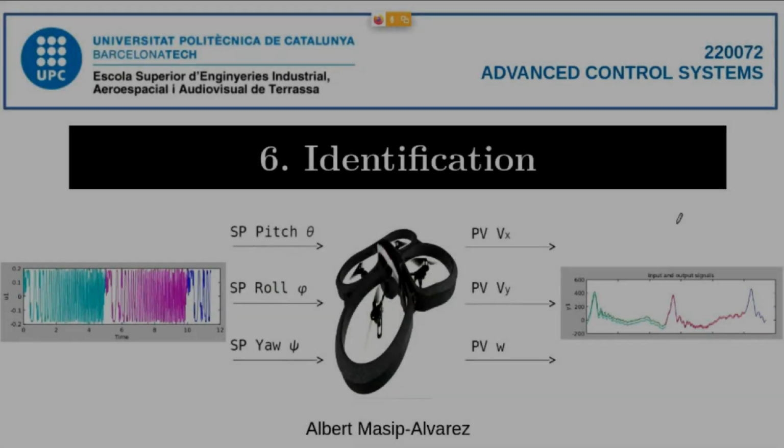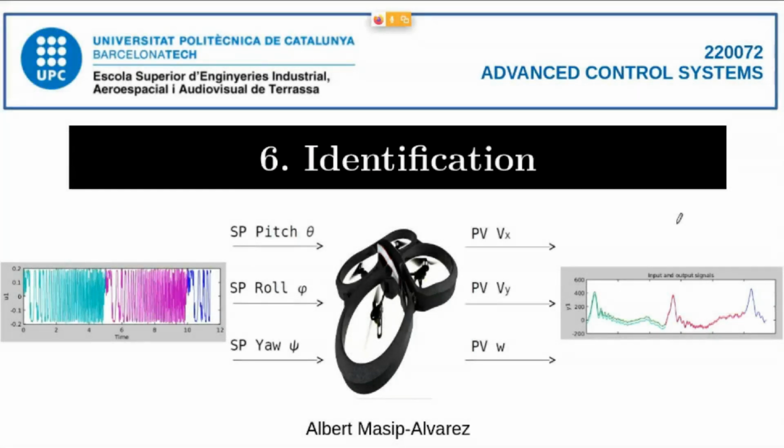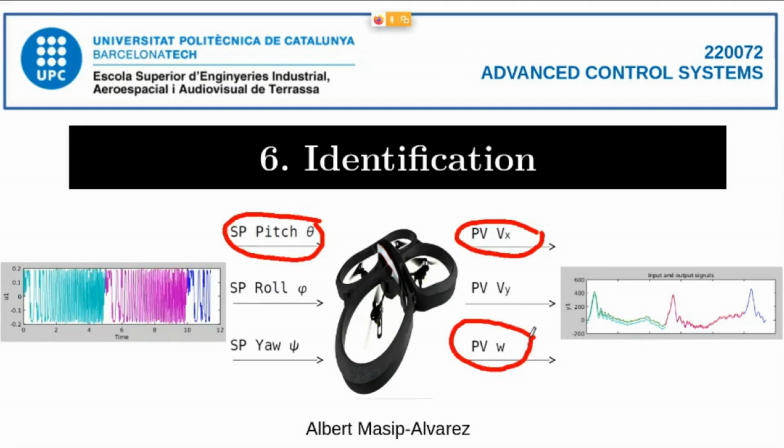Well, the aim of today's lecture is to find the model that connects the set points for the angle of our aircraft to the linear speed or the angular speed of our aircraft. Okay? So this will be done from experimental data.